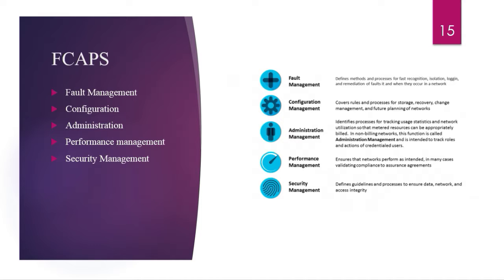Administration means that an administrator will track the network's resources in the organization, often used for billing. Performance management is used to make sure the network is running on par with what is expected and is reliable. Security management will help ensure confidentiality, integrity, and availability in the network implemented.